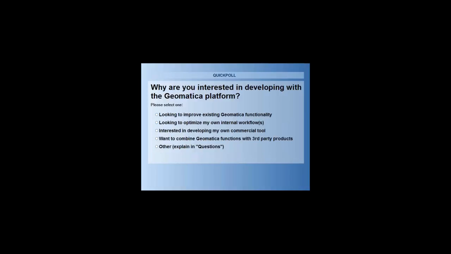Perhaps you're looking to develop your own applications or combine it with other technology that's out there. We gave an example earlier in the presentation on combining the technology with ArcGIS. Maybe you're looking at combining it with some other application that we don't even know about. And that's an important message also, is that PCI Geomatics, we're not experts.